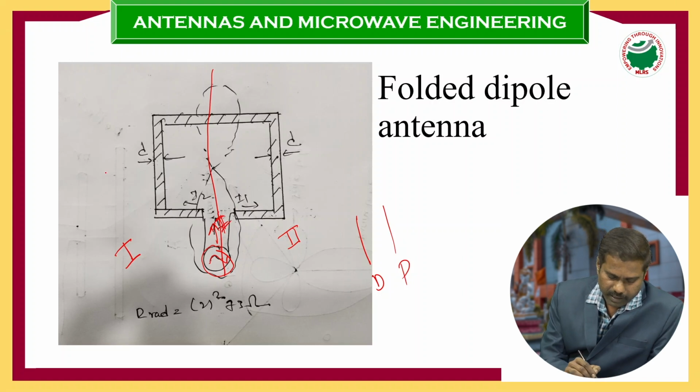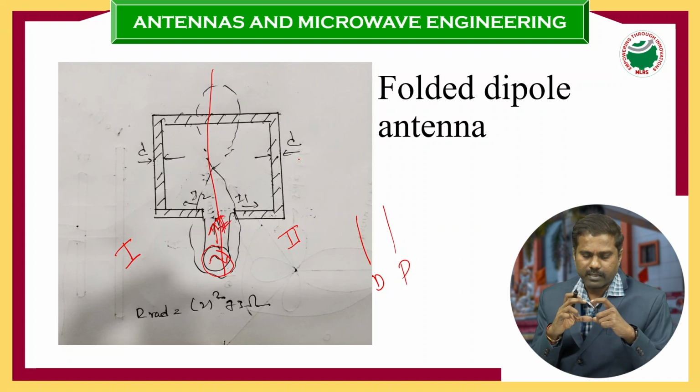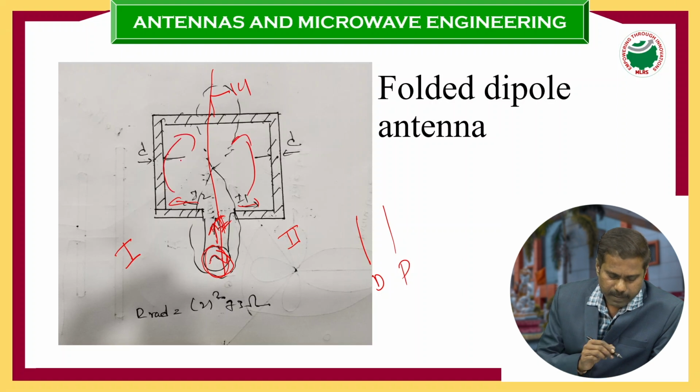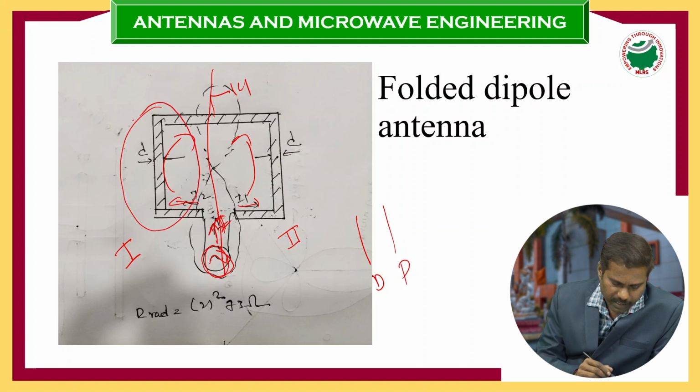Here one and two are folded, and the current given at the input side is divided into I1 and I2. At this end there will be a ground, that's why the current is divided. So in one antenna there is I by 2 current, and in the second antenna I by 2 current.